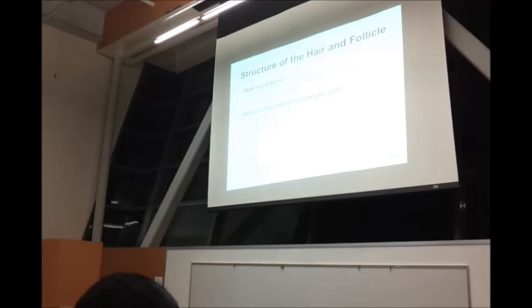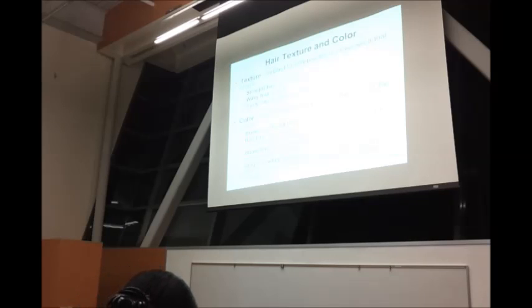Now, here are hairs. They are different colors, and they can be straight, wavy, or curly. It's due to one important factor. When you cut the hair horizontally, you can describe it in 3 different shapes. If you have straight hair, it's very likely that when you cut it horizontally, the hair looks round.